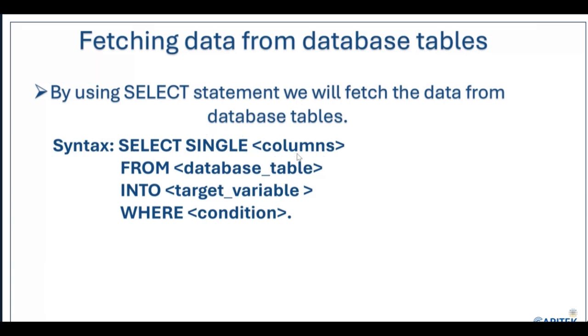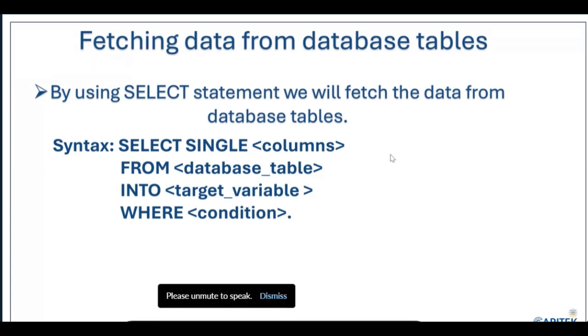And if you want to specify the column names, you mention the column names from your database table into your target variable. The target variable can be a structure or an internal table. In this case, it is always a single record only.